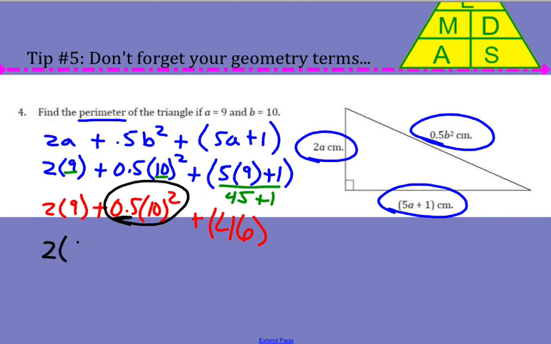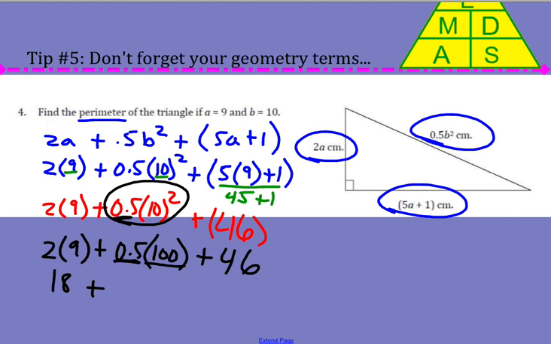So it's going to be 2 parentheses 9 plus 0.5 times 10 squared, which is 10 times 10 or 100, plus the 46. And there's only one term there, so we can drop the parentheses. I've got a couple multiplications. I've got 18. 0.5 times 100, well, half of 100 is 50, plus 46.